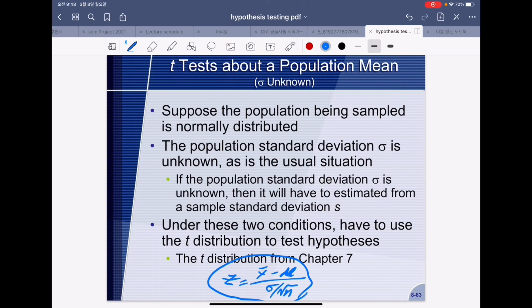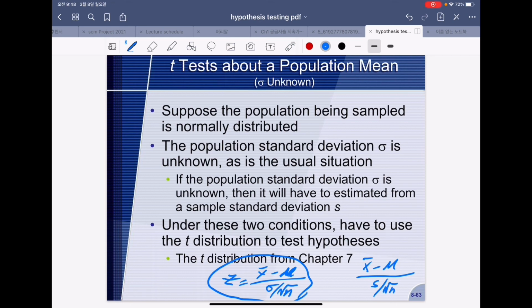That's very unrealistic, when we assume that we know the value of sigma, right? So that's why instead of using sigma, we need to use a sample standard deviation. Let's denote sample standard deviation as S, right?